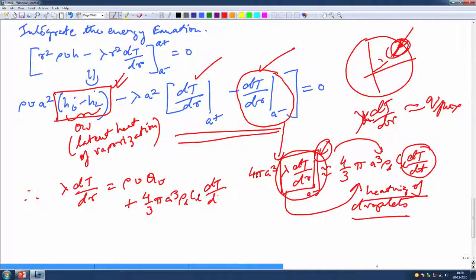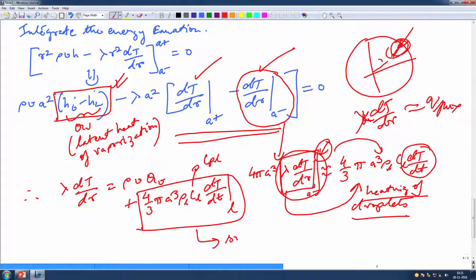So you can write it in whatever way you want, in the liquid. CL is basically CPL. Now this portion is usually considered to be small.